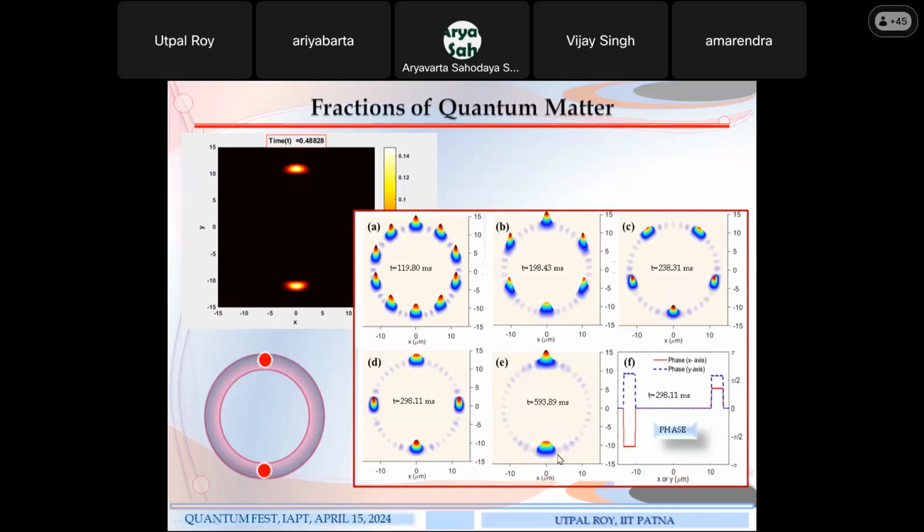The probabilities can split into two, probabilities can split into four, into five, six, probably here 12 of them. So these are the ways that the probabilities can split along the tunnel. So this is quantum information science with the matter wave.